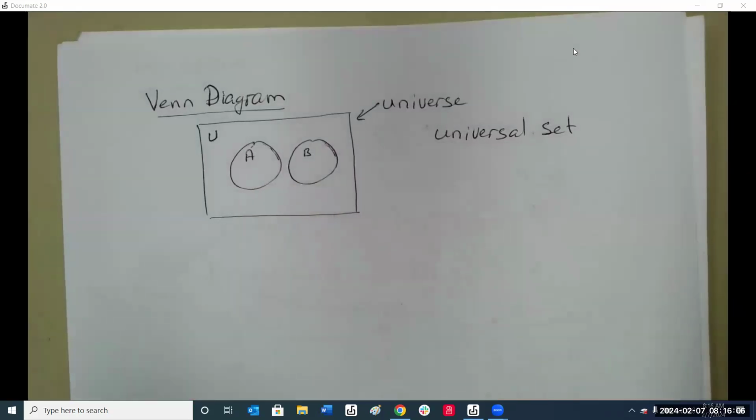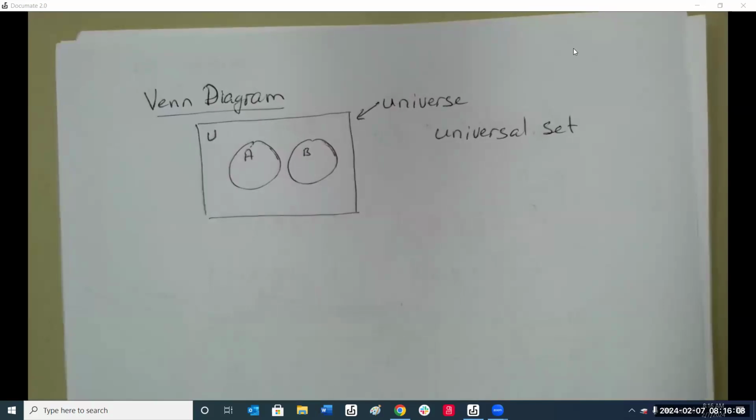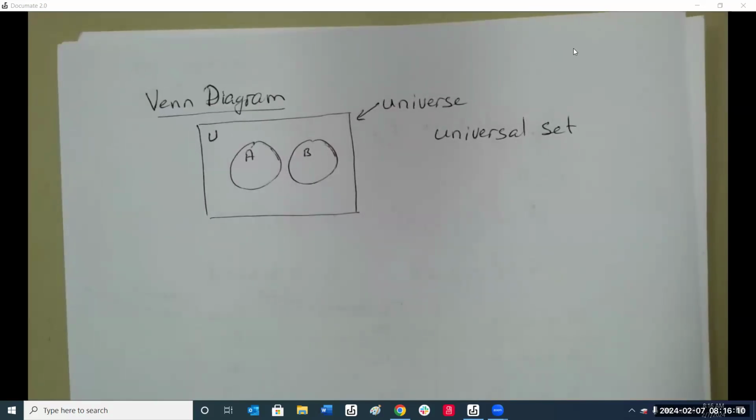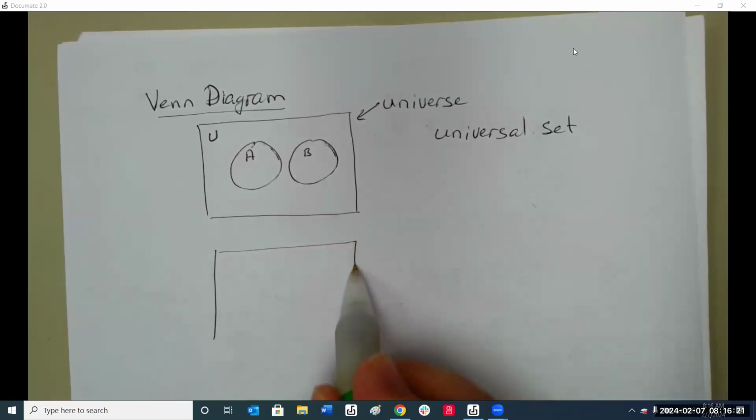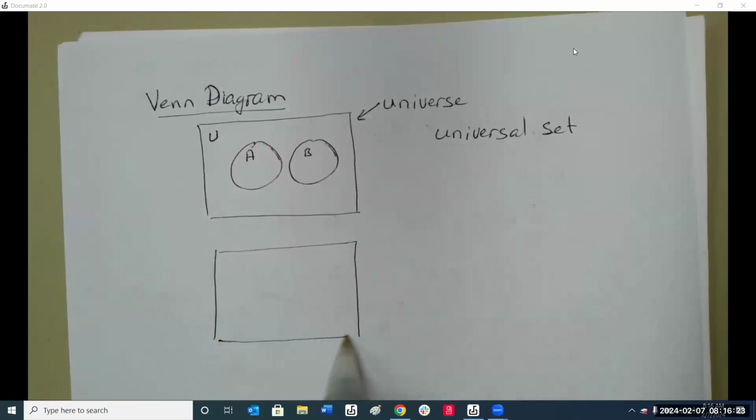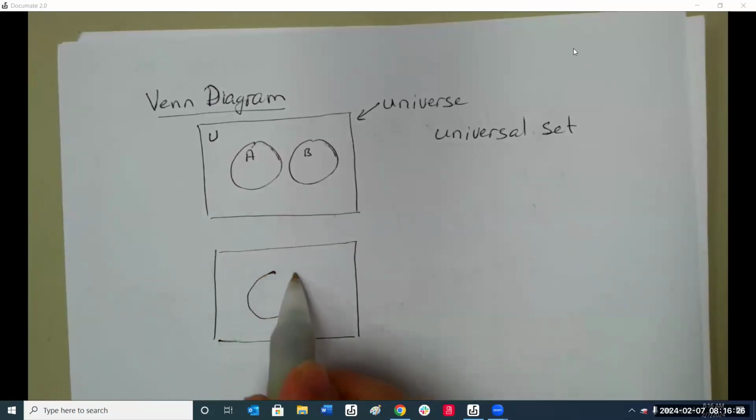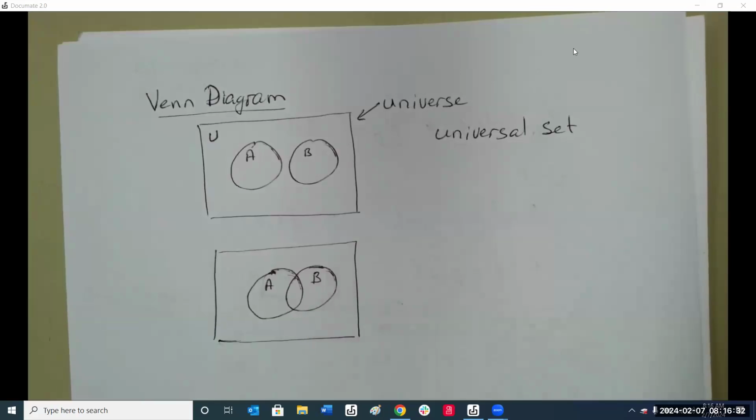If they don't overlap, what's that called? As opposed if they do overlap. They have names. What are they? I'll give you a clue.